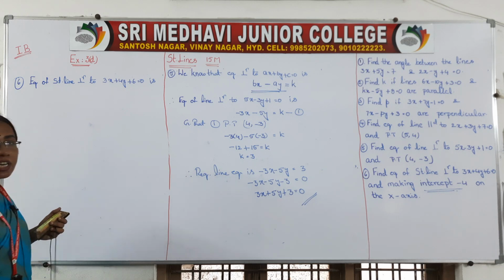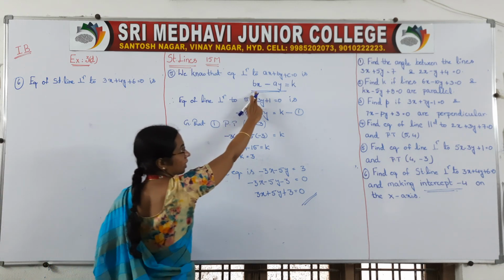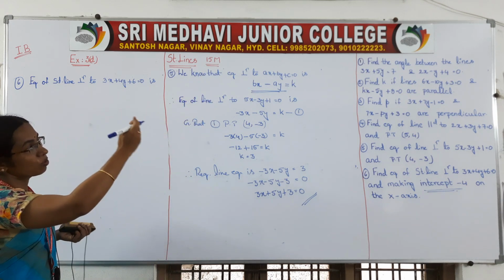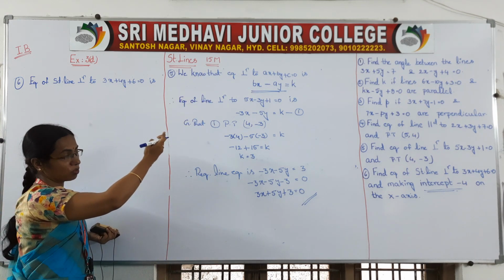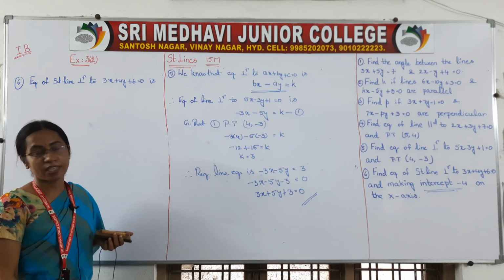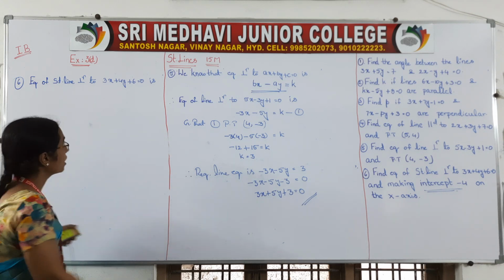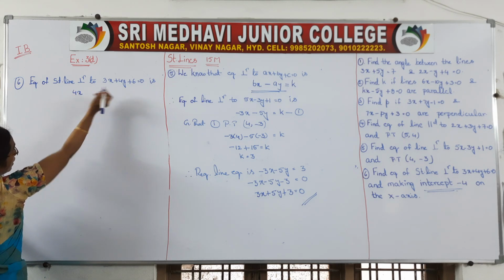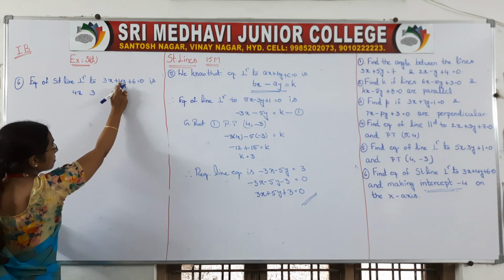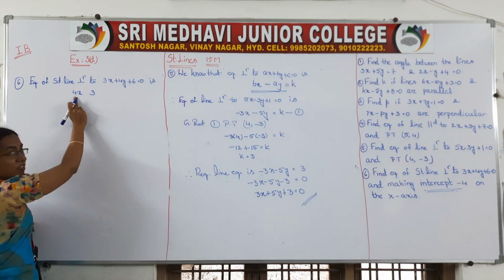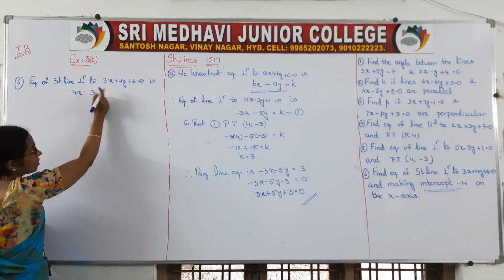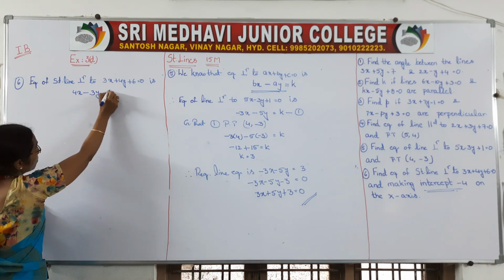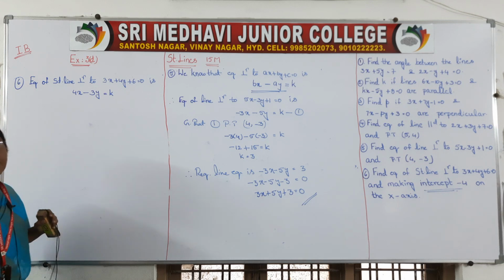Whenever we have to take a perpendicular line to any line, the x coefficient goes to y, the y coefficient comes to x, and in the middle a minus sign is equal to k. Coefficients means multiples. The y coefficient comes with x and the x coefficient goes with y, in the middle a minus sign. This is called the perpendicular line to any line.